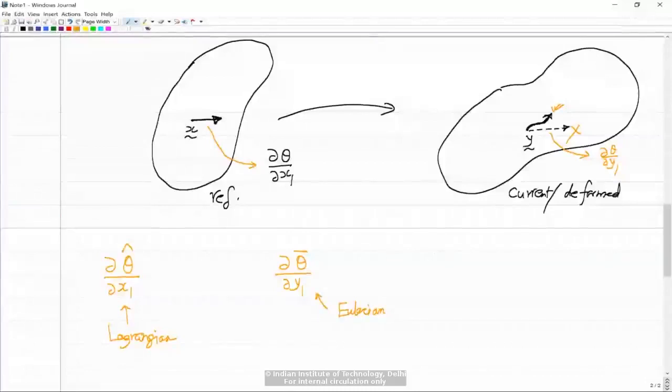So in that case, people just say del theta by del y1. But then you have to understand that it implies del theta bar by del y1. Similarly, one could just say del theta by del x1, but you have to understand that it implies del theta hat by del x1.